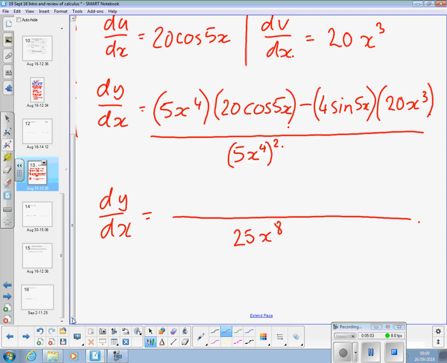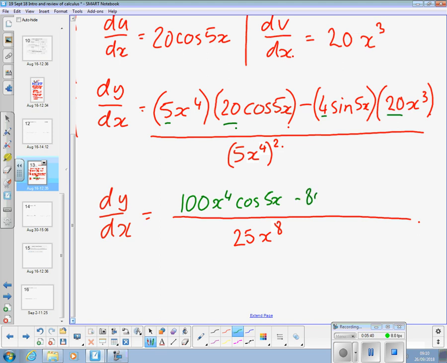What can we bring together on that top line? We've got two constants here, so we can make that 100 x to the 4 cos 5x, and we've got two constants here too.